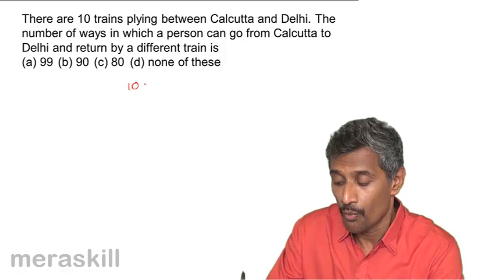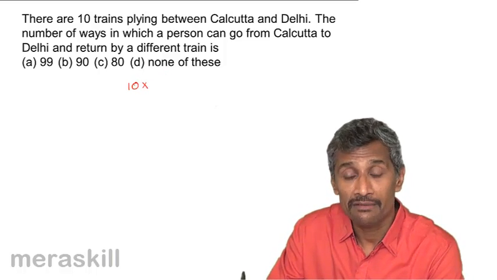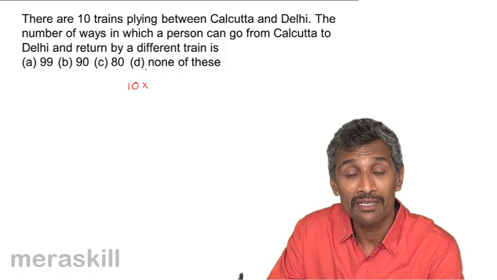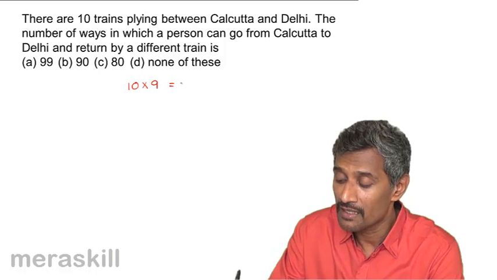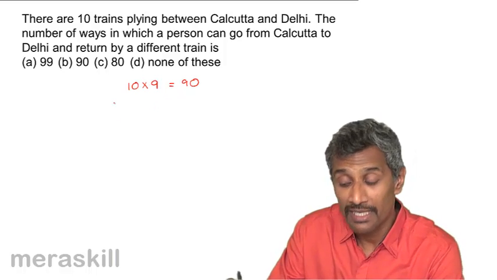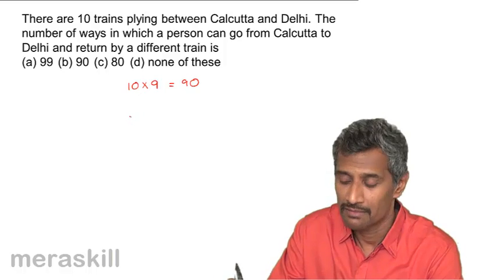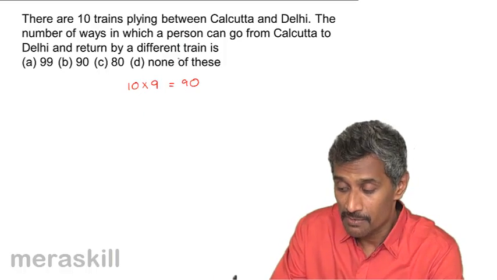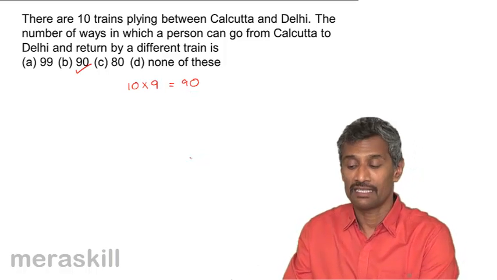Understood? Coming back, he doesn't pick up the train in which he has gone. So one train less is available. So he has to choose out of the remaining 9. So that means there are 90 ways in which a person can go and come back. There are 90 ways as per this condition. So among these, the answer is 90.